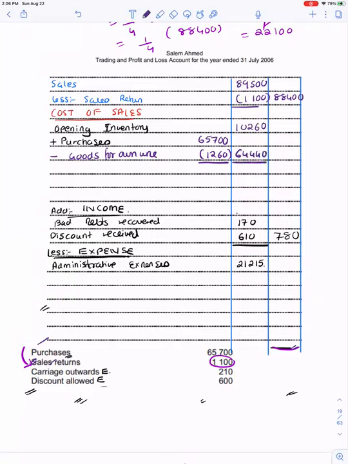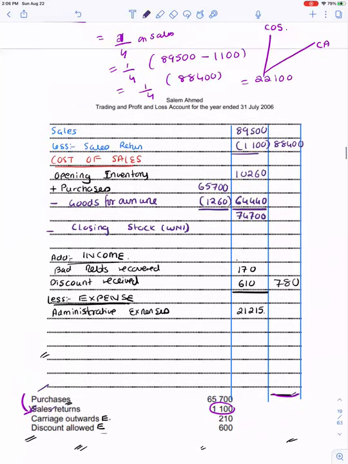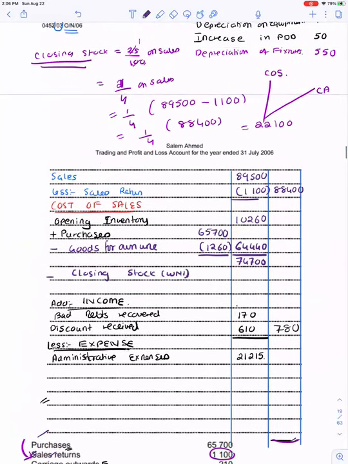Opening inventory and purchases come to a figure of 74,700, less the closing inventory, closing stock. This I found out as a working note, so I will write it as working note number 1. Closing stock was given as a margin to me.